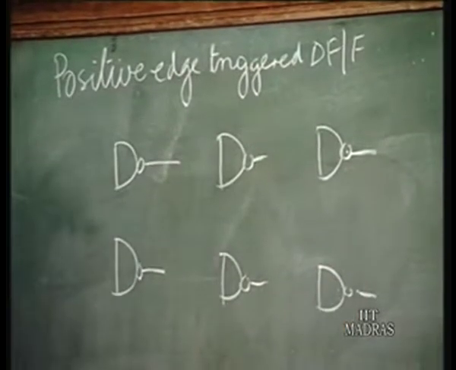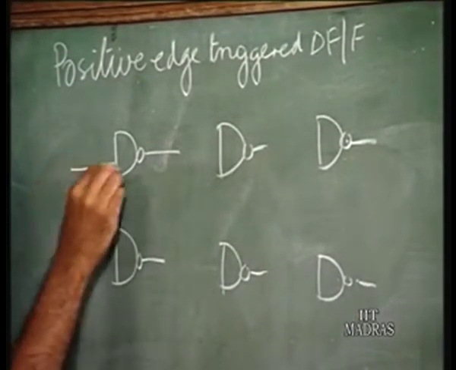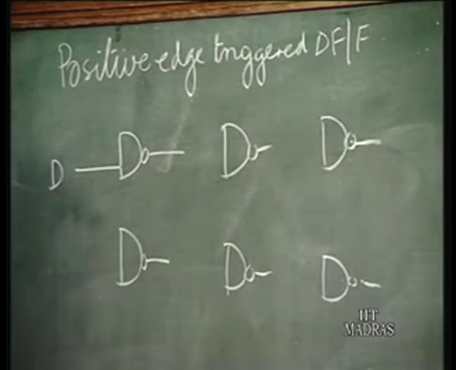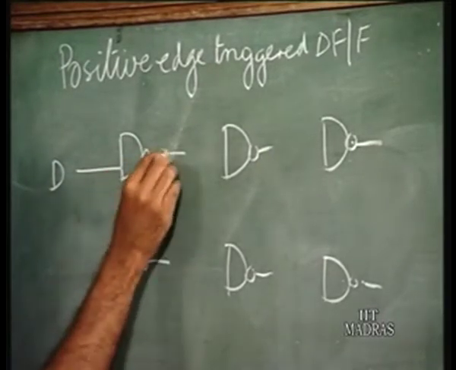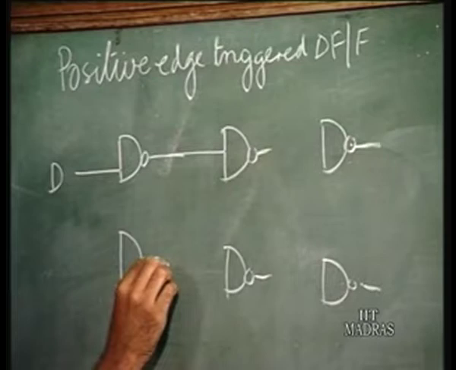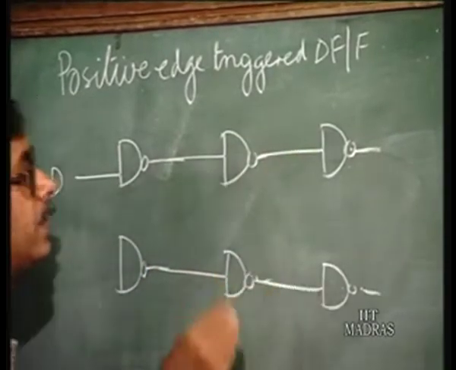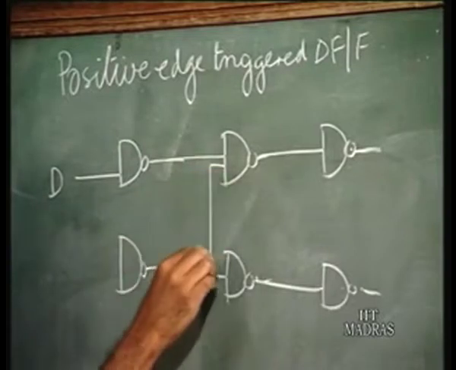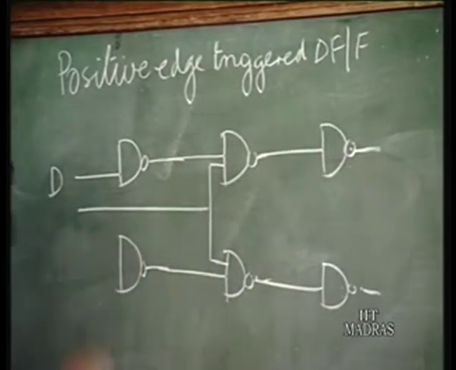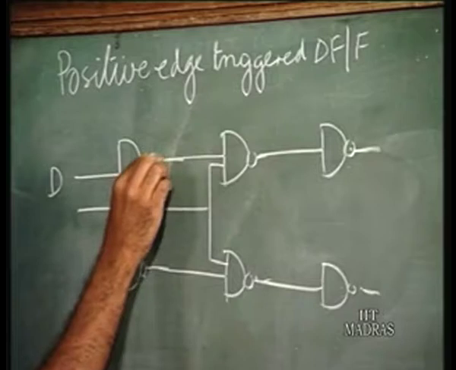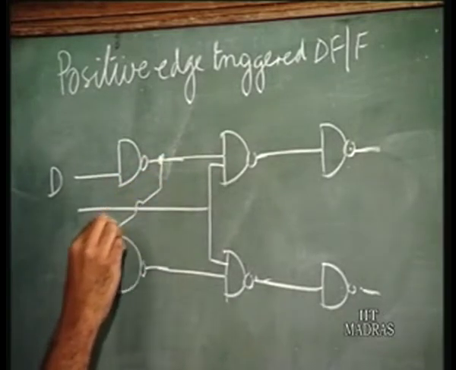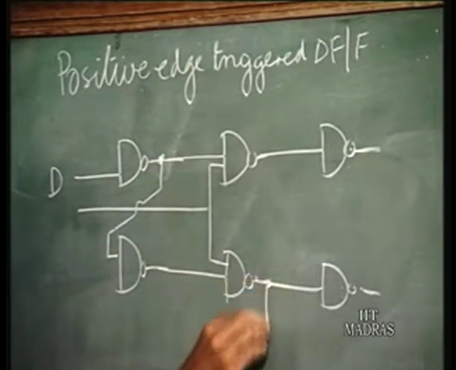So this is the D input, and this goes here. This goes here. We have one. The clock input is here, and then you have one line coming here. From here, one line comes here.